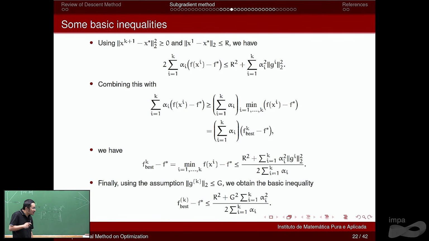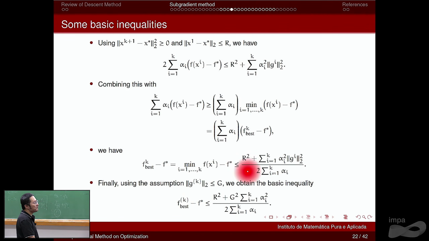And we use another assumption here. As I mentioned, we assume the subgradient is bounded. So we have this fraction is less than this fraction. We just substitute the norm squared of g by the capital G square because we know the subgradient is bounded.